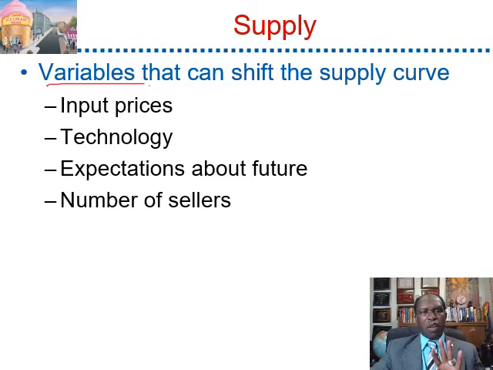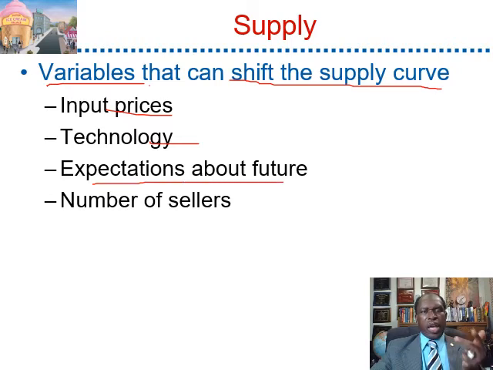There are four variables that can shape the supply curve. Those variables are input prices, technology, expectations about the future, and the number of sellers. If these factors increase, supply will increase and shift to the right.